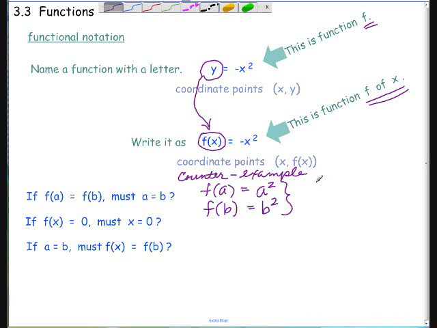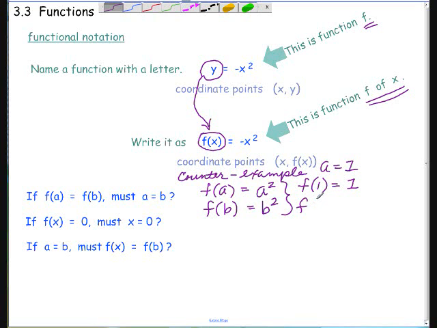Well, if I put in here 1, I say a is equal to 1, a squared is going to give me 1.